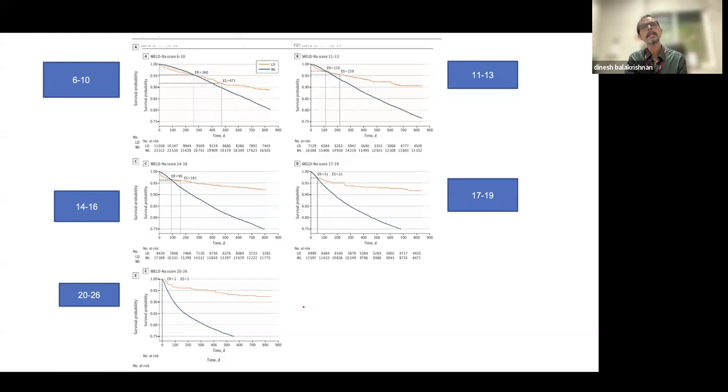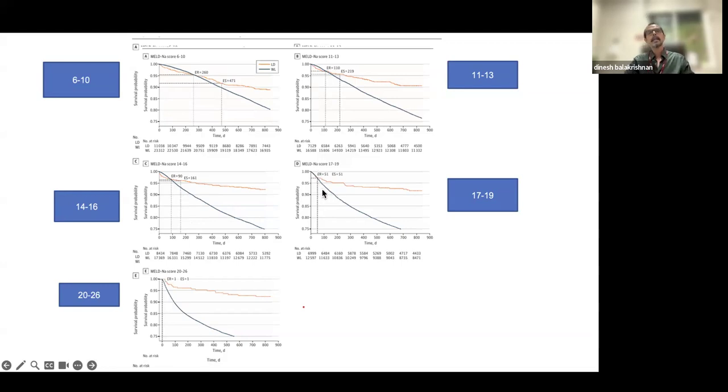At about a year, their chances of health deteriorating, as you can see here, this black graph is coming down. At 11 to 13, at about 100 days, the graphs are crossing. The patients who get a transplant at about this time tend to do well, the others can deteriorate. But between a score of 14 to 16, at about 50 days, there is a deterioration.